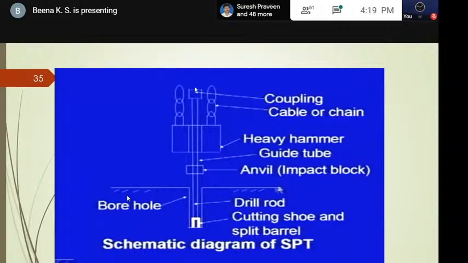And there we count the number of blows for a penetration of 300 millimeter, which is designated as the N value. In this test, the counts are taken in 3 consecutive 150 millimeter penetrations, and the sum of the number of blows for the last 2 penetrations is taken as the N value. That is, the first 150 millimeter penetration we take as seating drive, and we don't count it for the proper N value.